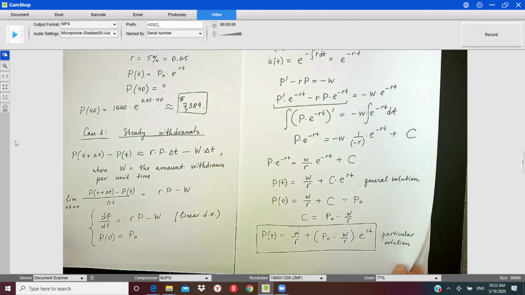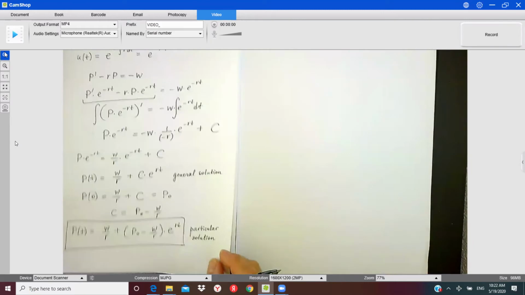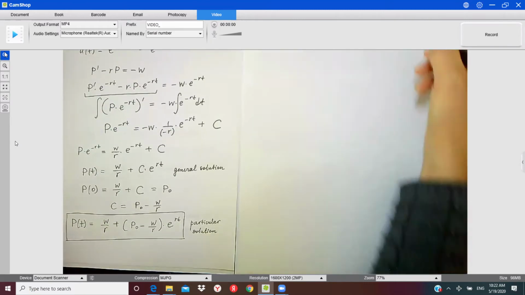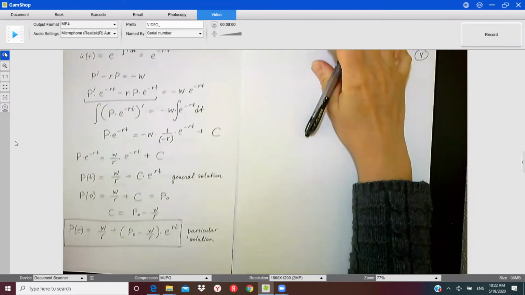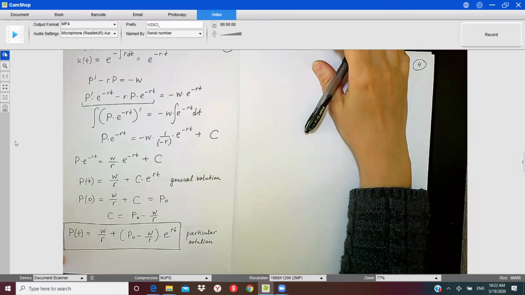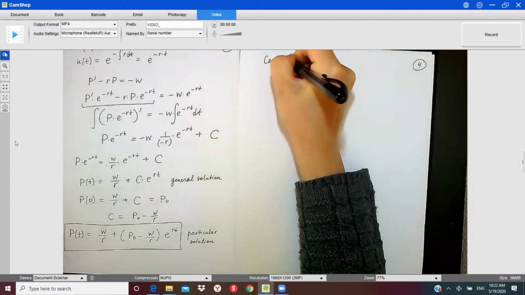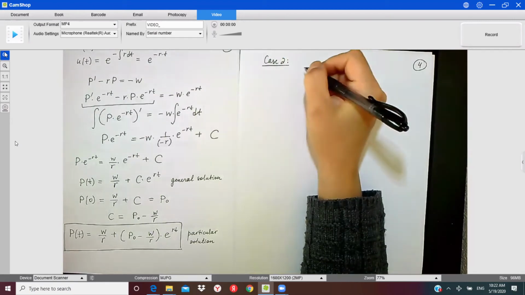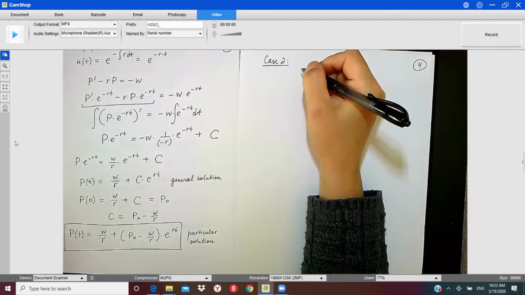All right, let's look at the next model. So this will be case 2. This is when we have systematic savings.